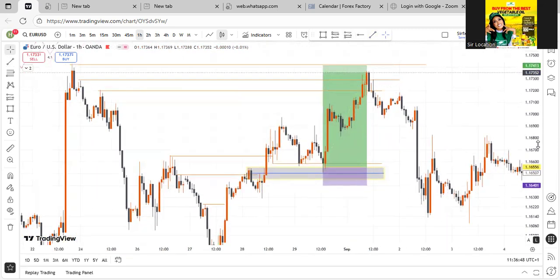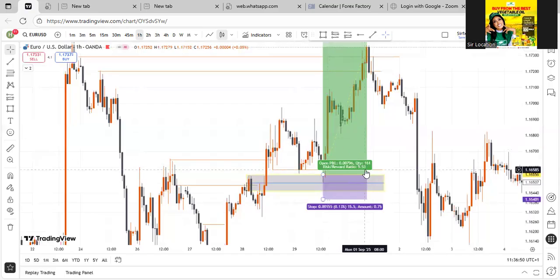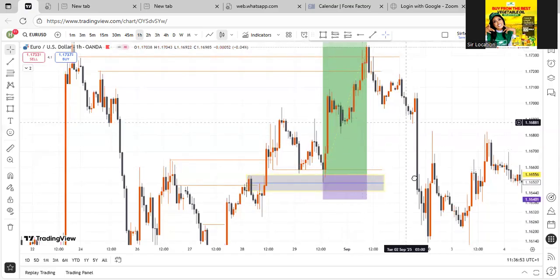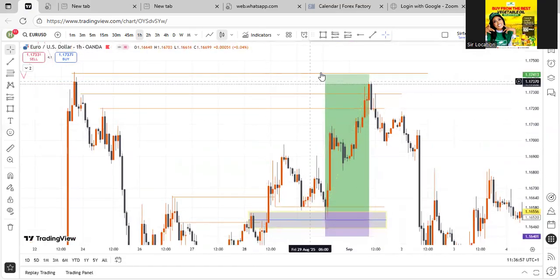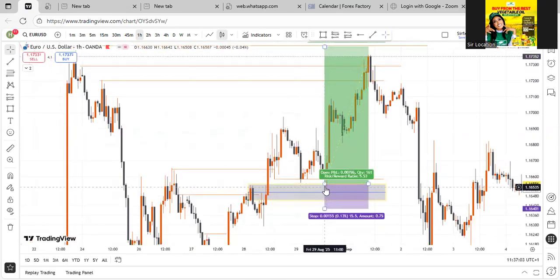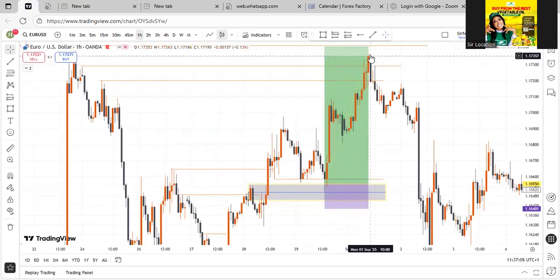Now, looking at this market, you could see the reward ratio is 1:5 point something if the market hits this level. But as a professional trader, what is the time here? Okay, this is in the morning. This market triggered around Friday. Then this level was on Monday.